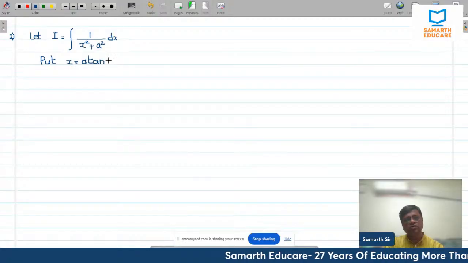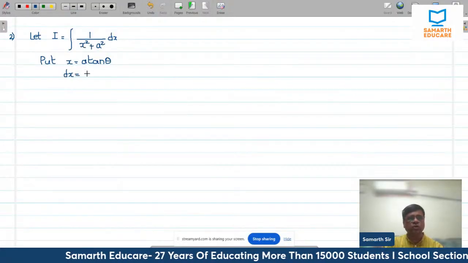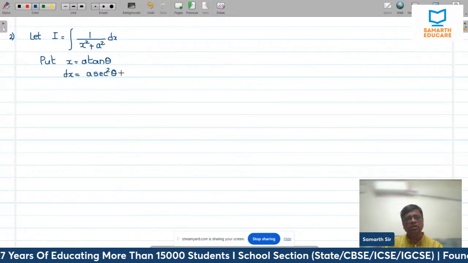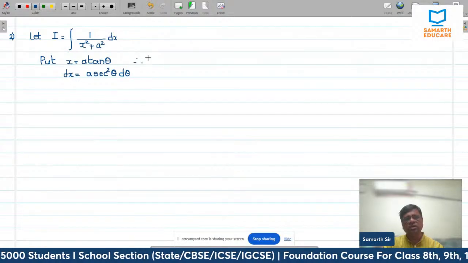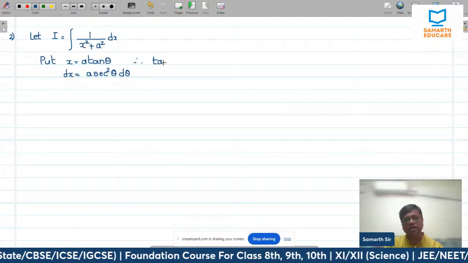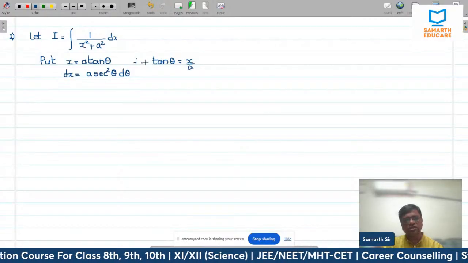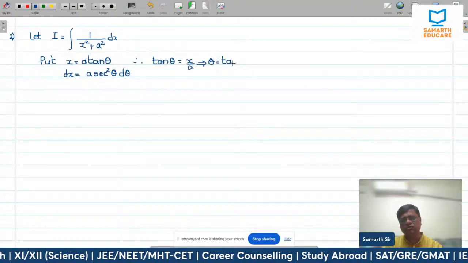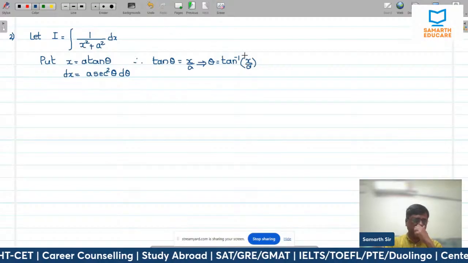Then dx, the derivative of x is 1 into dx, and the derivative of a tan theta is a sec square theta d theta, right. Also, I'm noting here in advance that the value of tan theta is x upon a, and this also indicates theta is equal to tan inverse x upon a, right. This I'm going to use towards the end.